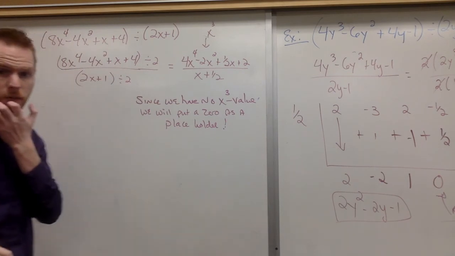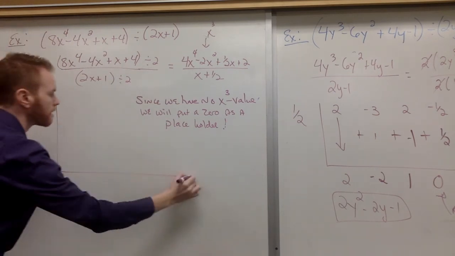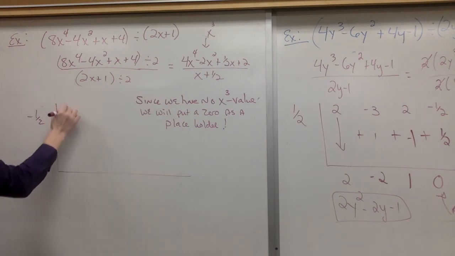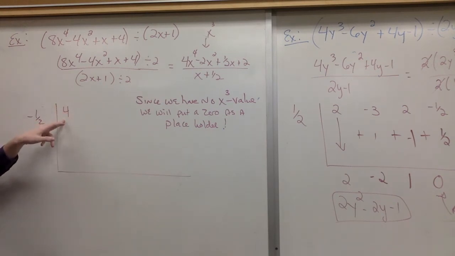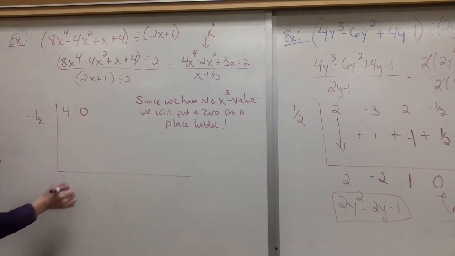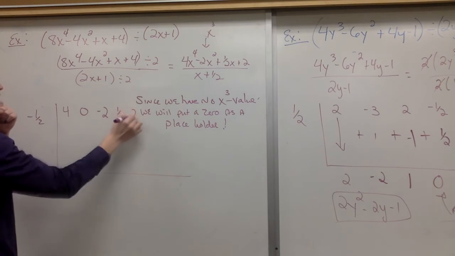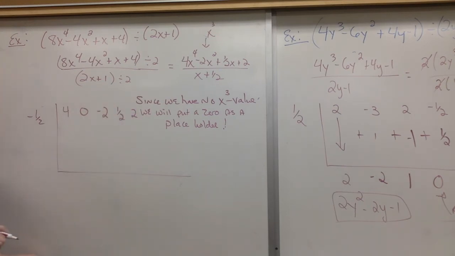That's what we're going to do. Let me go ahead and rewrite this now. So I have a 4 for the x to the 4th position, a 0 in the x cubed position, a -2, a half, and then a 2 for that guy.